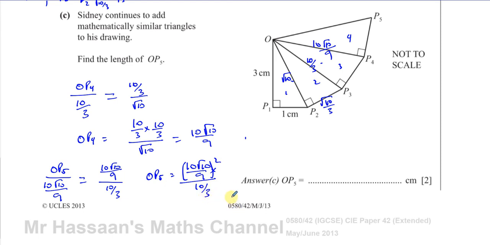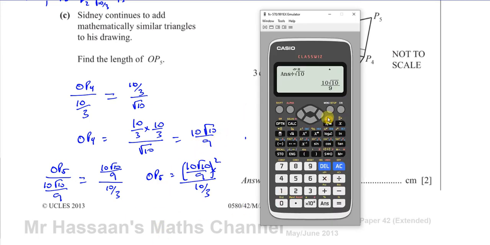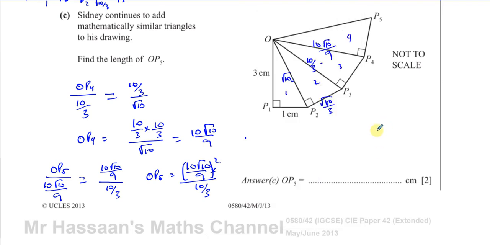Okay, so let's see what that gives us. We have the answer squared, divided by 10 over 3, which gives us 100 over 27.